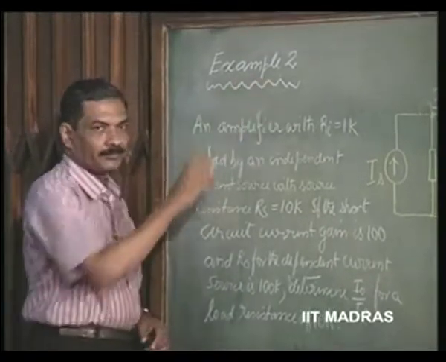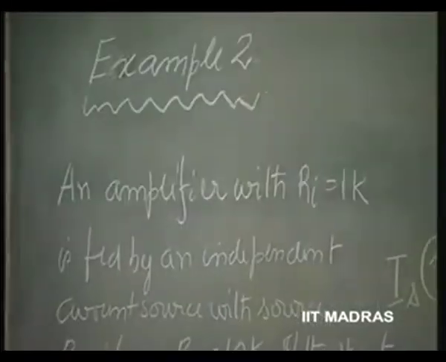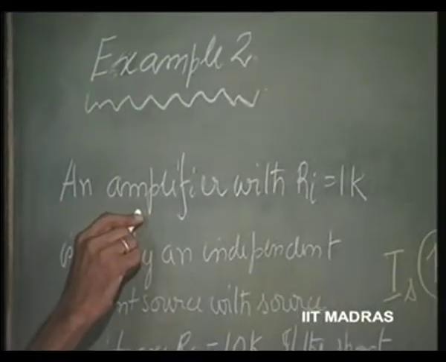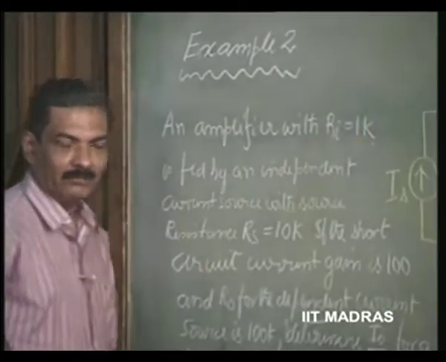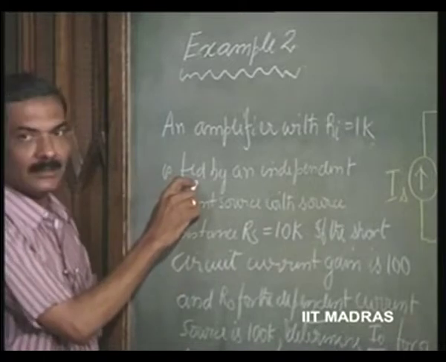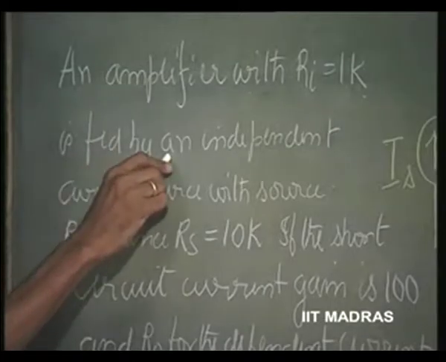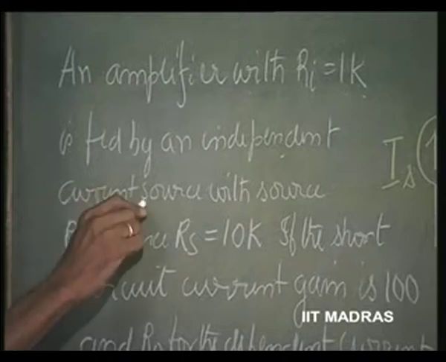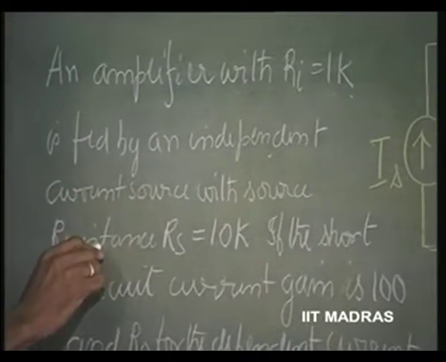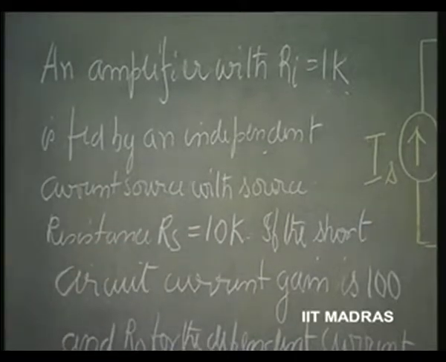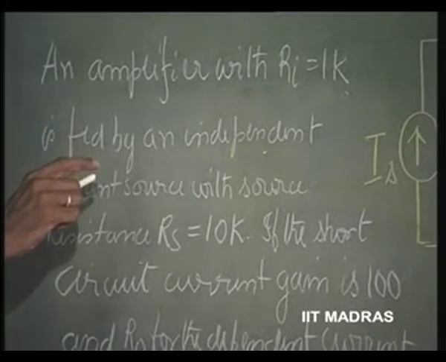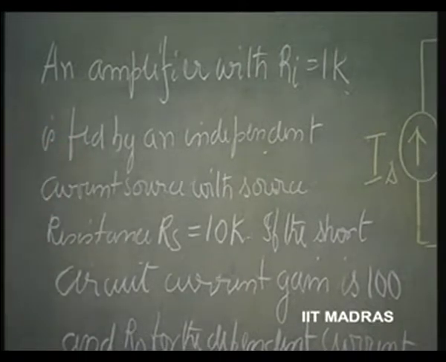Example 2: an amplifier with Ri equal to 1 kilo ohm is fed by an independent current source with source resistance Rs equal to 10 kilo ohm. Automatically now source resistance is 10 kilo ohm and input resistance of the amplifier is 1 kilo ohm. So, it can be declared as current control.